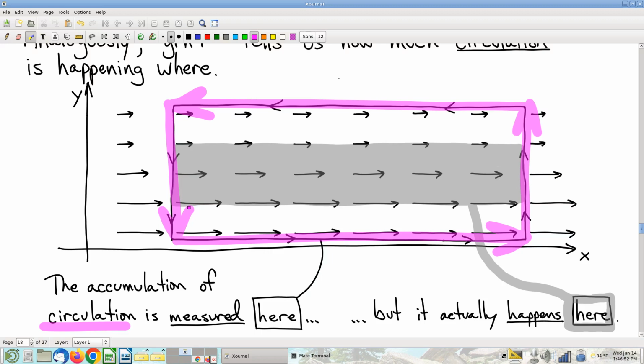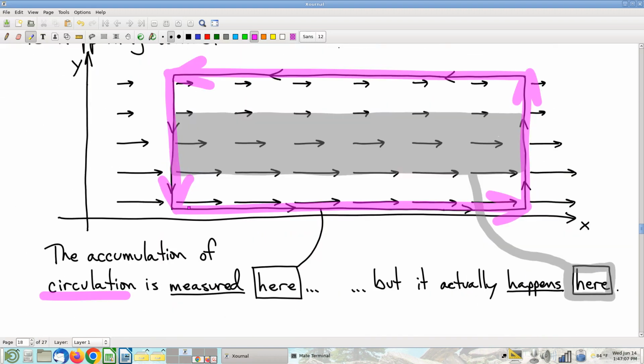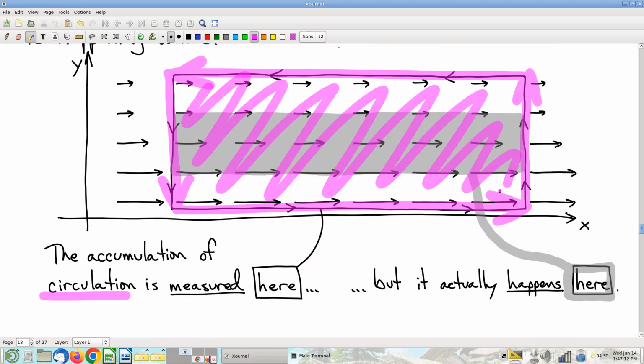That's just a measurement. Just like change isn't actually happening on the boundary. We measure change on the boundary, but change actually happens in the interior. You can literally see it for single variable functions. So likewise, circulation is actually distributed across the interior.